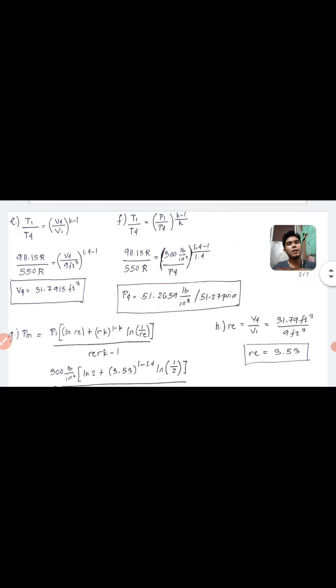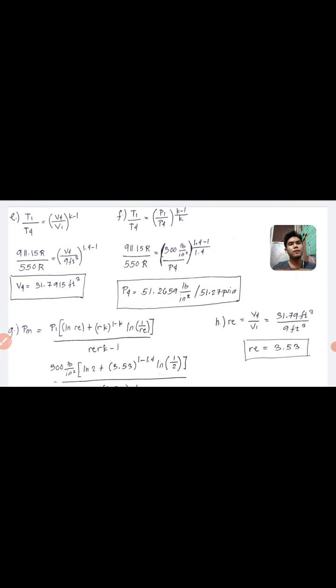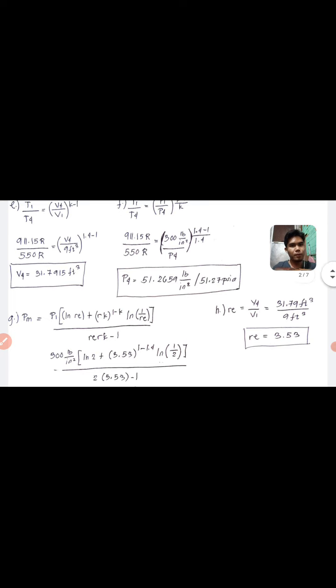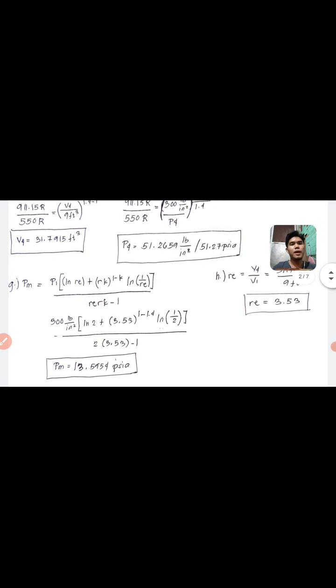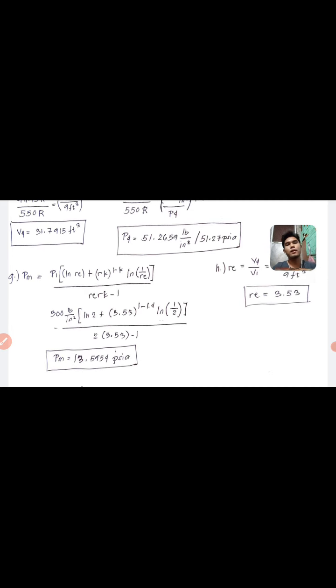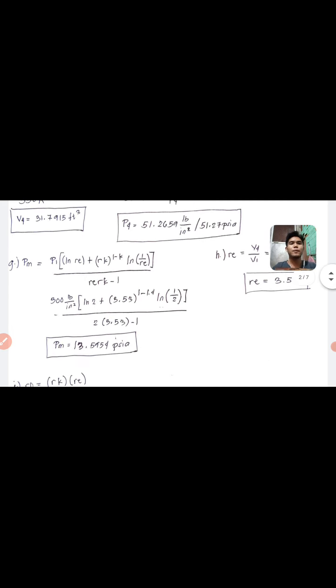Calculating it through shift solve in the calculator, the value of P4 is 51.2659 pound inch squared, or 51.27 PSIA.